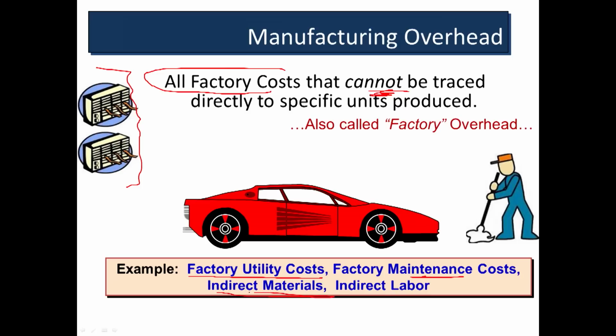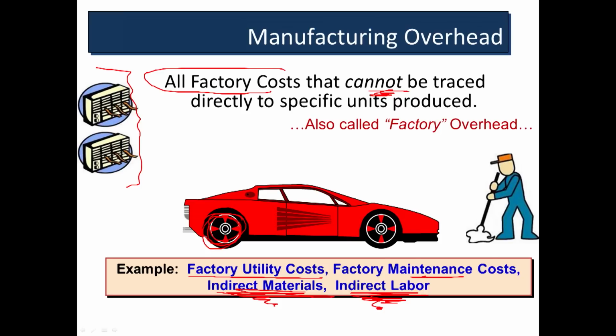Indirect materials and indirect labor are always part of MOH. They are product cost and part of MOH. What are indirect materials and indirect labor? Well, an example of indirect material might be, let's say you buy some Armor All, and when you're done with your automobile, you spray it on these tires, and you shine those tires all up. Well, the cost of that Armor All is what we call an indirect material.